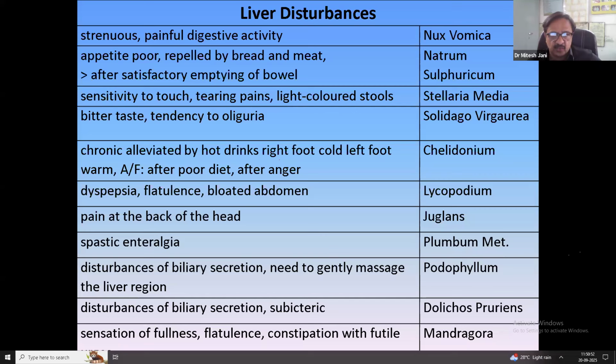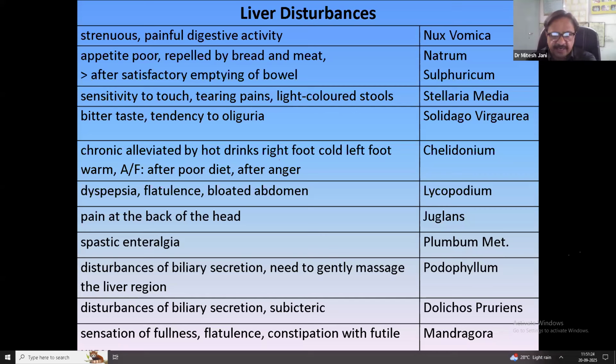Specific symptom, Solidago is indicated: chill relieved by hot drinks, right foot cold, left foot warm. Typical symptom: right foot cold, left foot warm, and chill relieved by hot drinks, after cold diet, after anger; then the specific medicine is Chelidonium.